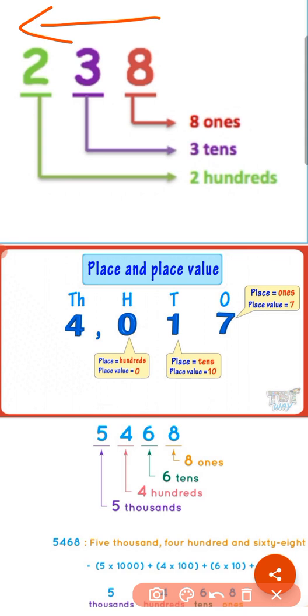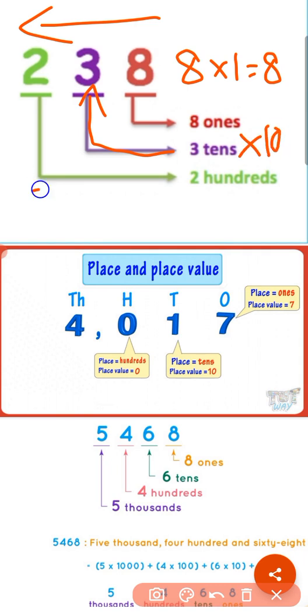So its value is 8 into 1 is equal to 8. Now where is 3? 3 is in tens place. So multiply by 10. What is 3 into 10? 3 tens are 30.